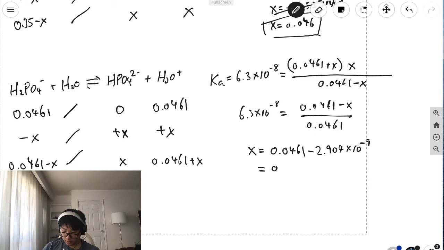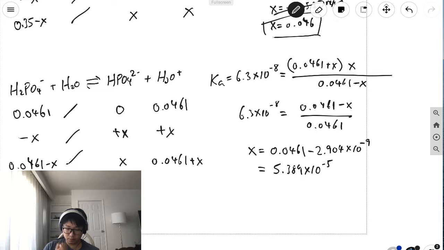So what did you get for x? .389 times 10 to the negative 5. Okay, so then now you can go and find out the pH and the HPO4 2 minus.